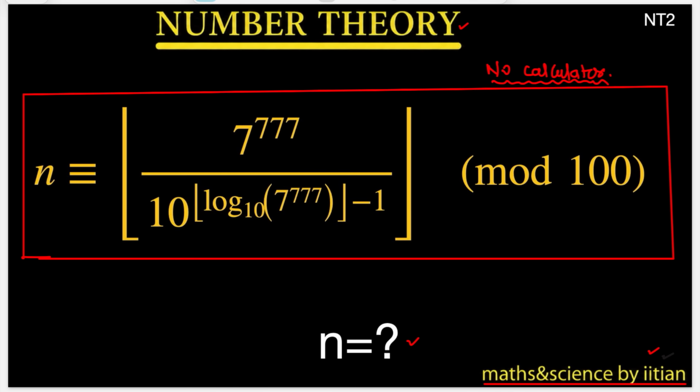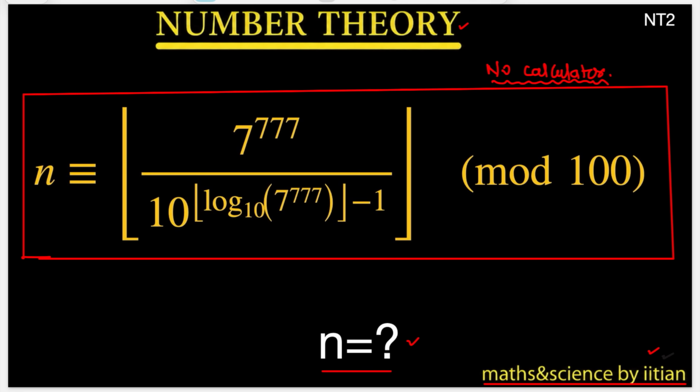I will mathematically solve for the number n when n is equivalent to 7 to the power of 777 whole divided by 10 to the power of log of 7 to the power of 777 to the base 10 minus 1, mod 100.